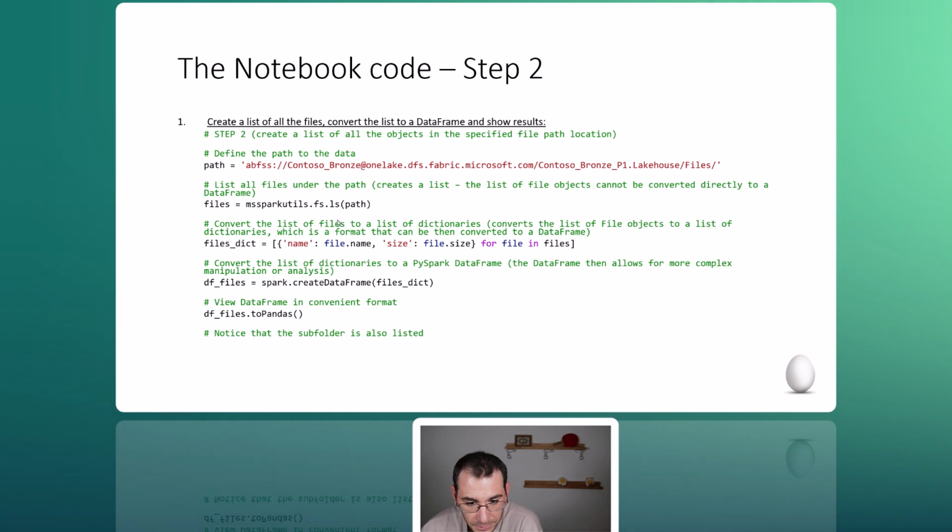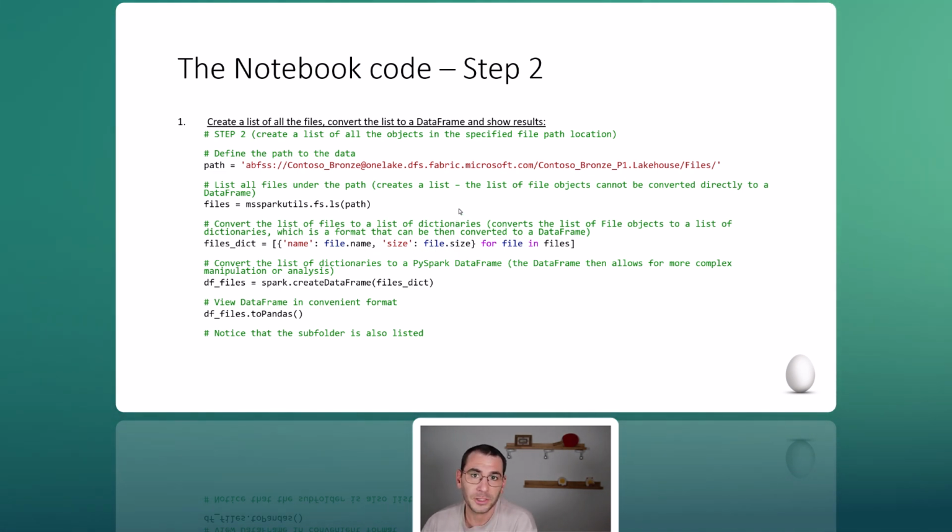So, for example, in the next step, where we define the files dictionary, we have to convert the list of all the files to that, and we're going to extract the name of the file, so the path name. For this, we will call it name, and then we're going to type in file.name. This is part of the Spark utilities function, that we can extract this, and then we have the file size as well.